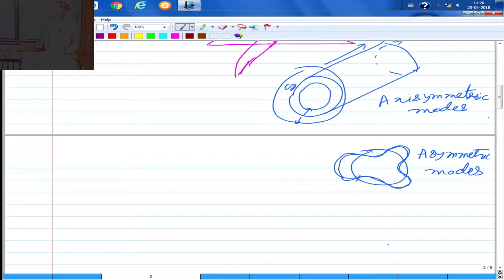So in the case of cylindrical cells, circumferentially closed cells, the circumferential distribution is identified in terms of the number of full waves. So like this we usually call n equal to 3 in this case.